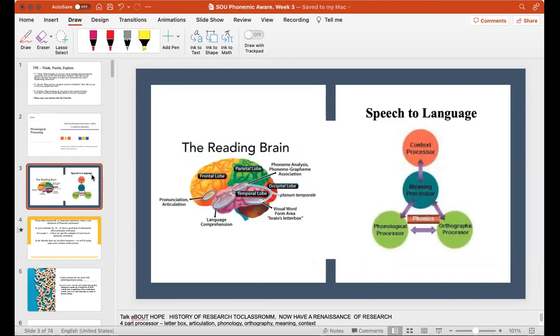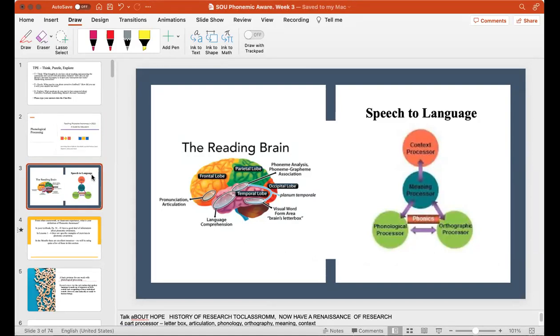So this is an important way of conceptualizing why we are doing the things that we're doing in teaching our students how to read. The left picture, the reading brain, is from Stanislas Dehaene's work. If you look at the brain on the right lower side, it says visual word form area, the brain's letterbox.